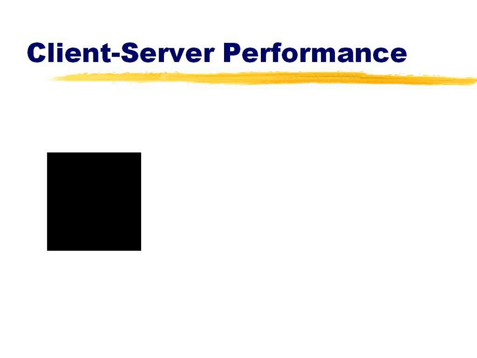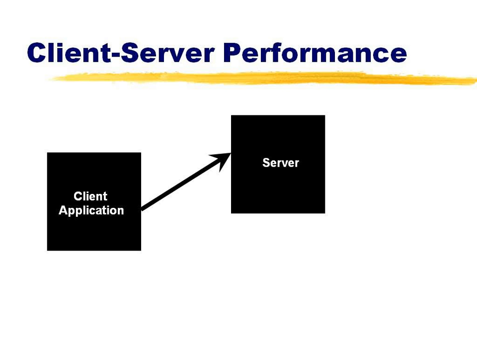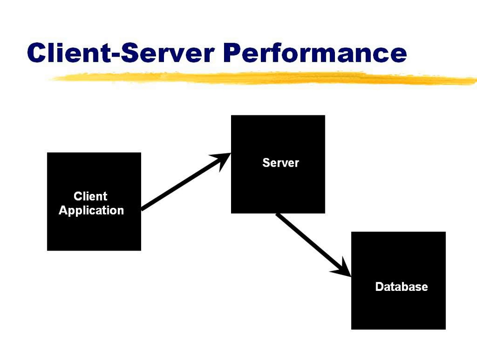Usually we have three black boxes in our system. First black box is a client application. Second is a server. And third is a database.